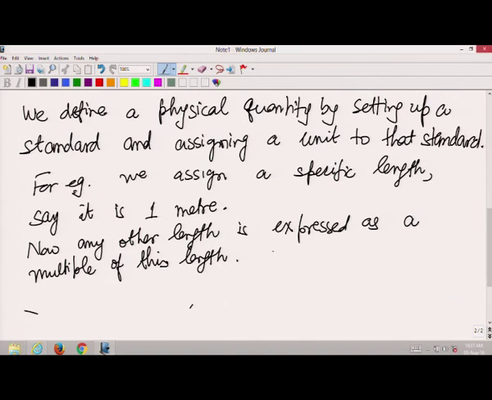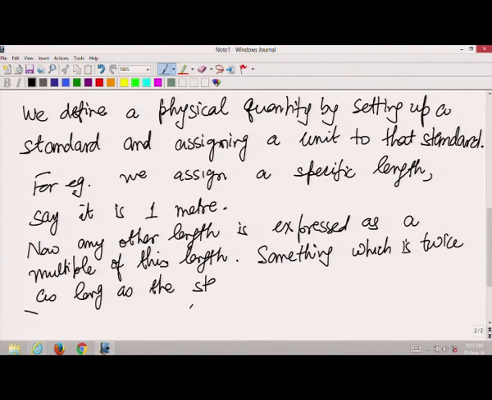So, something which is twice as long as the standard length, we will say this is 2 meters. And so, once we express a standard length, then all lengths are expressed in terms of this.